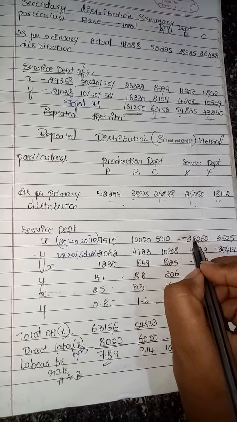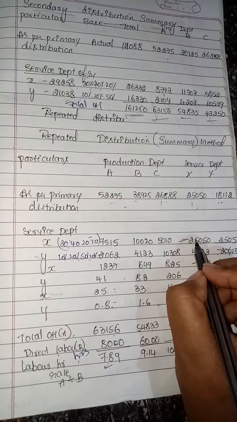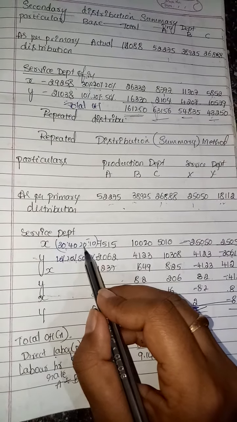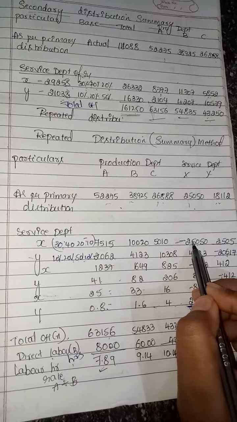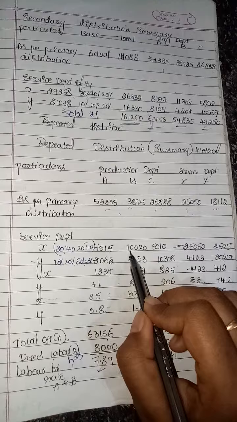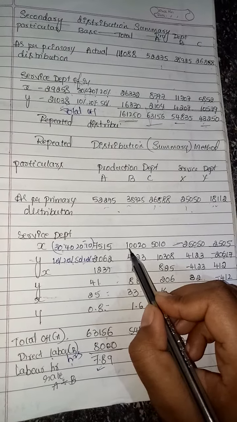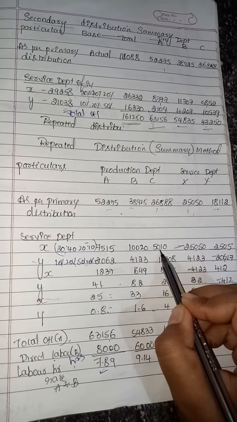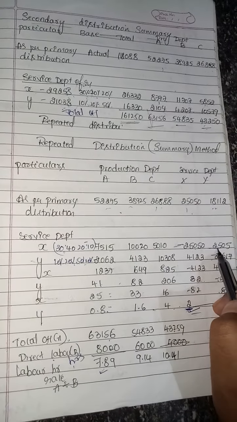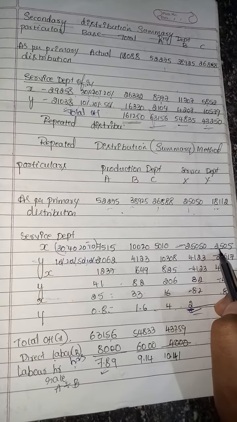First we need to divide the value on the basis of service rendered ratio. So ratio is 30:40:20:0:10. So 25,050 of 30%, 7,515. 40%, 10,020. 20%, 5,010. Next nil, and the 10% will get 2,505.